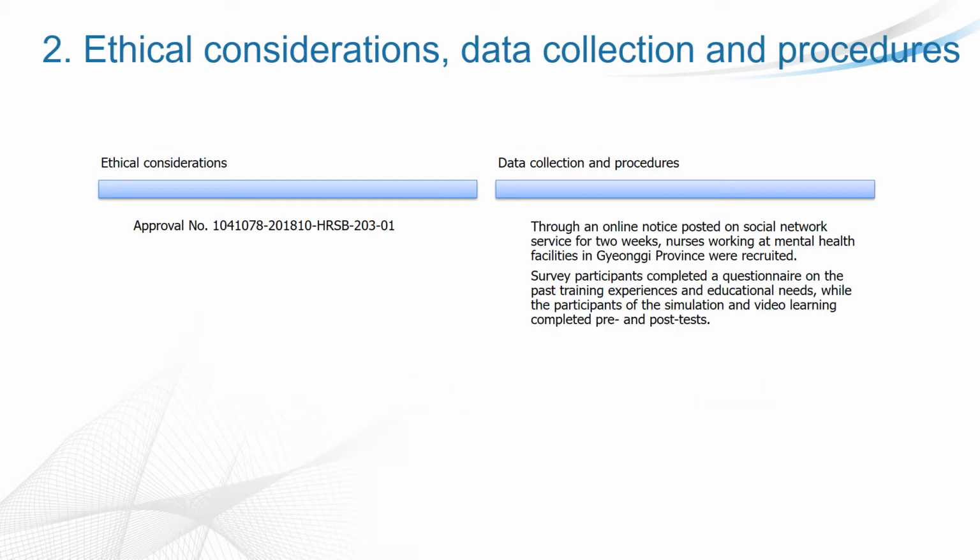The Research Ethics Review Board, C University in South Korea, approved this study, and this is the approval number. Through an online notice posted on social network service for 2 weeks, nurses working at mental health facilities in Gyeonggi Province were recruited. Survey participants completed the questionnaire on the past training experience and educational needs, while the participants of the simulation and video learning completed the pre- and post-test.